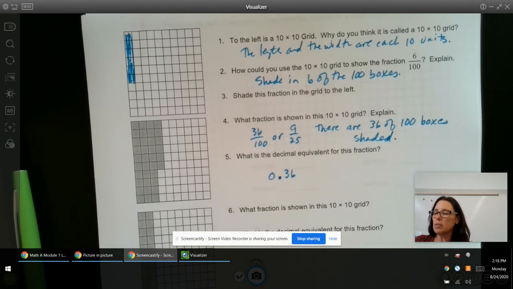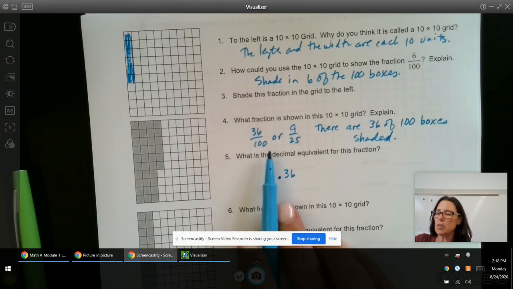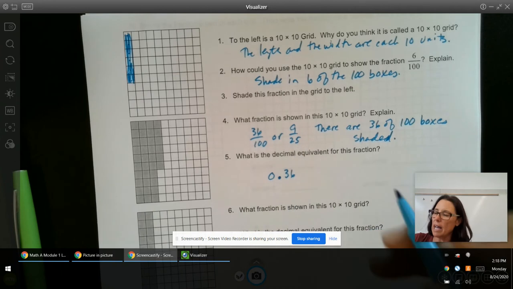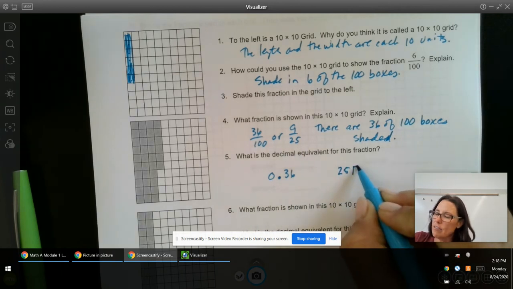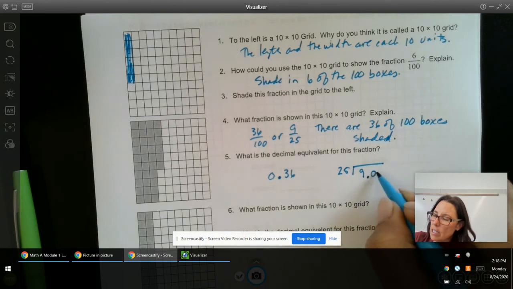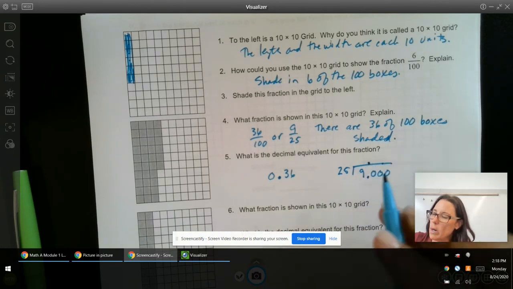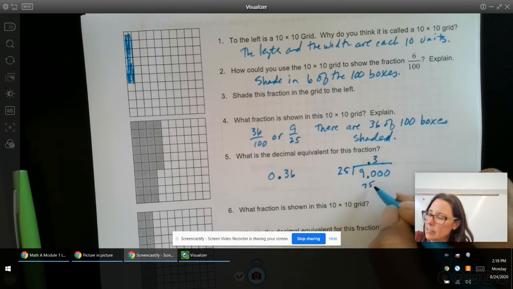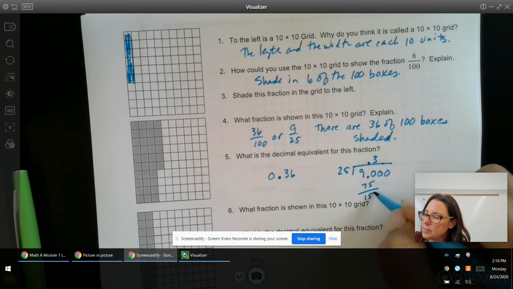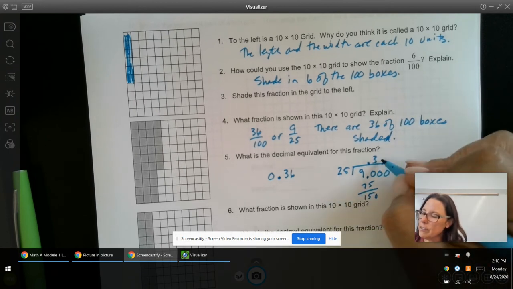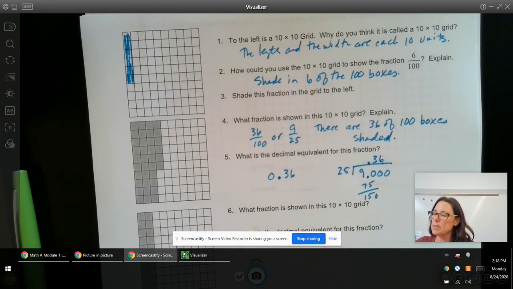If you don't understand that that's 36 hundredths, then perhaps you'd take this 25 and divide it into the 9. 9 divided by 25. 25 goes into 90 3 times, that's 75. 25 goes into 150 6 times with no remainder.